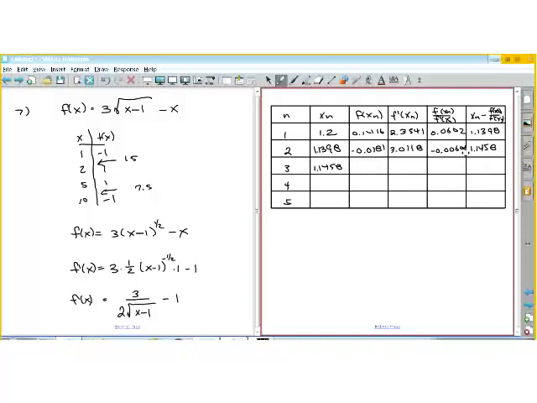So 3 times the square root of 1.1458 minus 1, minus 1.1458. So I get negative 0. Actually, let me put this in scientific notation. 2.87 times 10 to the minus 4.